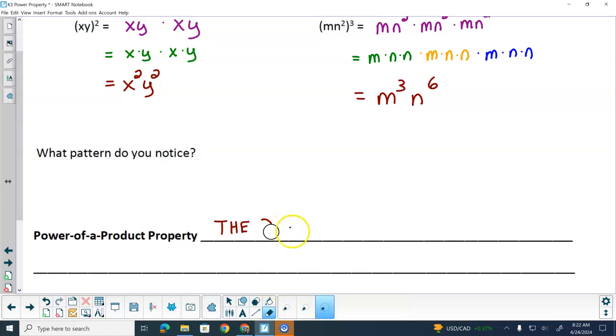I don't even want to say power. I want to say the exponent. I don't even want to say that.